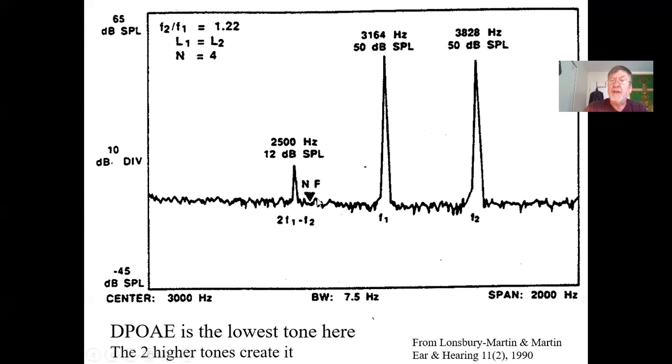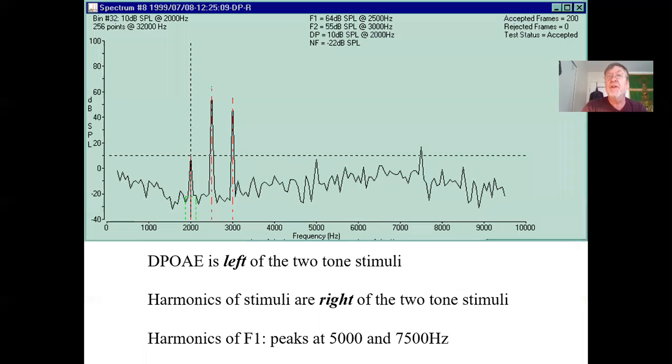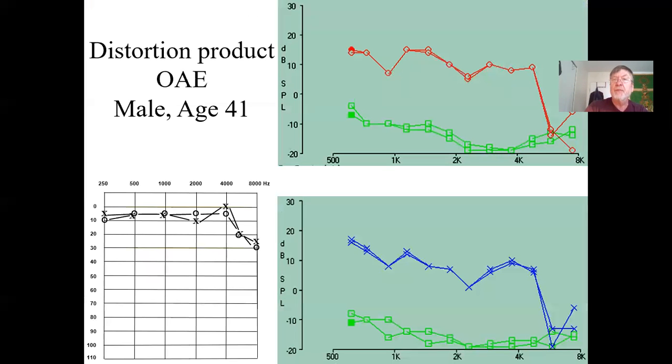They call this NF, noise floor. They put one frequency in, another frequency in, and a 3rd frequency, which happens to be 2F1 minus F2. What the Sam Hill does that mean? Here's another picture. F1, F2, here's your otoacoustic emission coming back out of the ear.